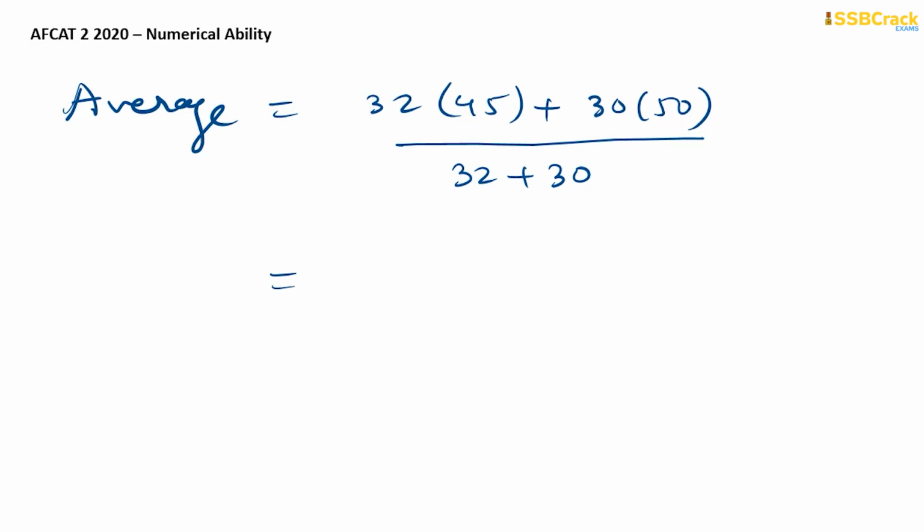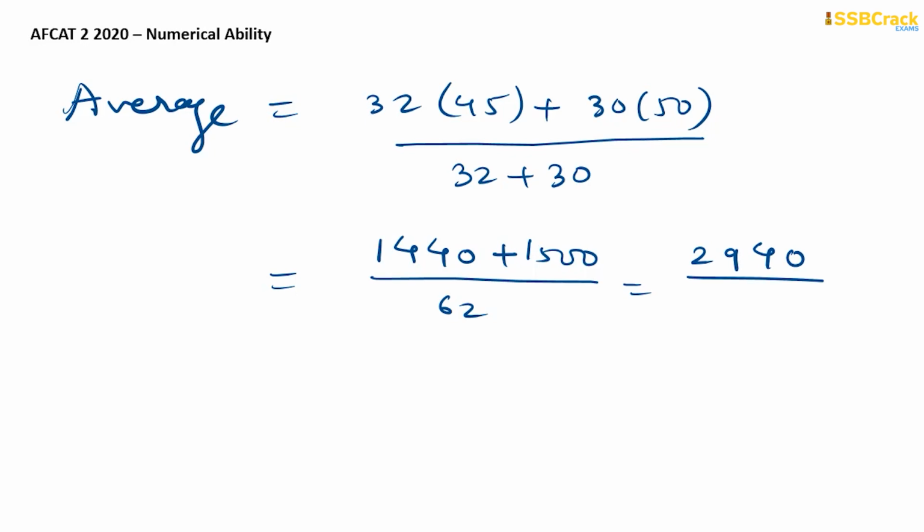So we have the product of the first two terms, that is 1440, plus the product of the second two terms, 3 5s are 15, 1500, divided by the addition 62. So this comes out to be 2940, the addition of numerators. Divide by 62 and you get the approximate average, that is 47.42.